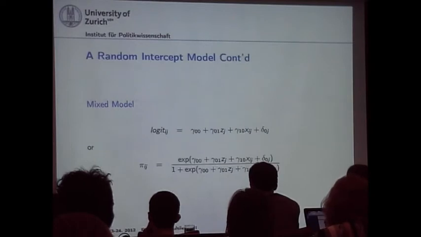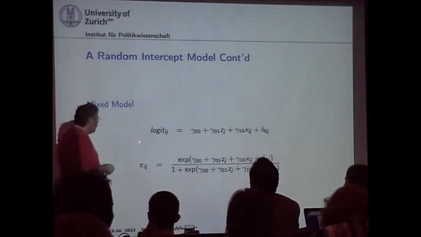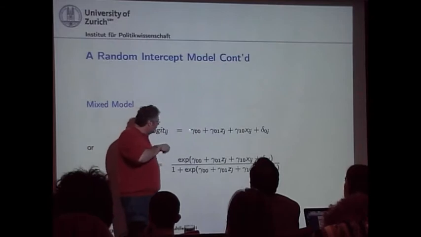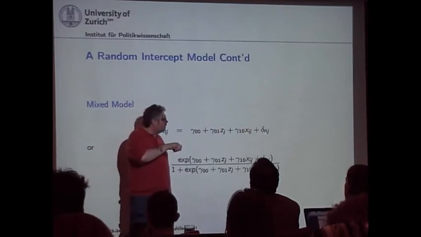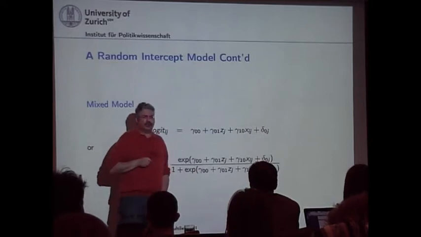So we can then come up with the following mixed model. Logit ij is an intercept, an effect of zj, an effect of xij, plus this random component delta 0j.